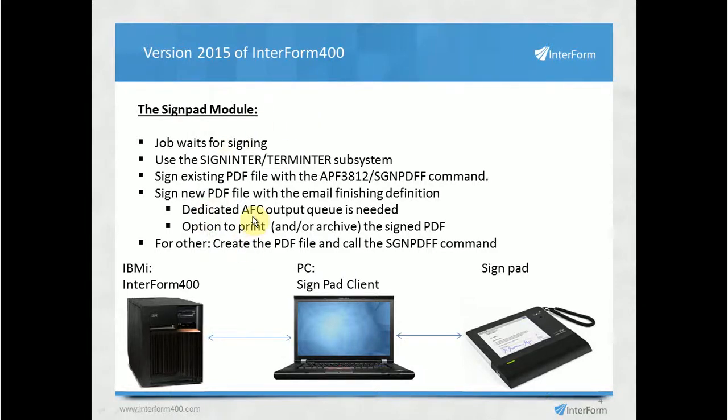Even this P function has been extended to actually be able to print this new signed PDF file. If you want to use the Signpad for other functionality, what you need to do is to create the PDF file first and then call the sign PDF file command.